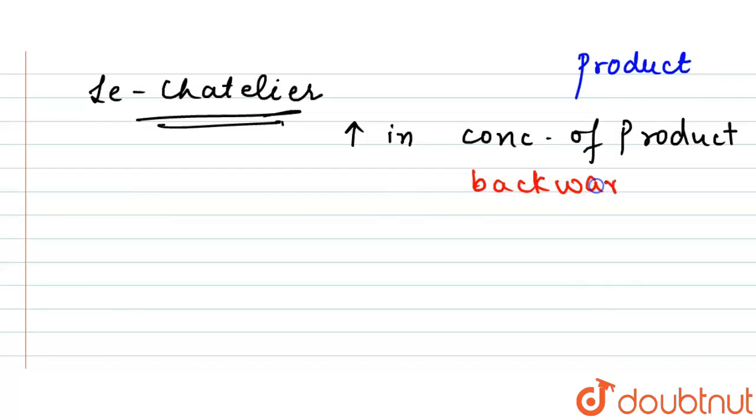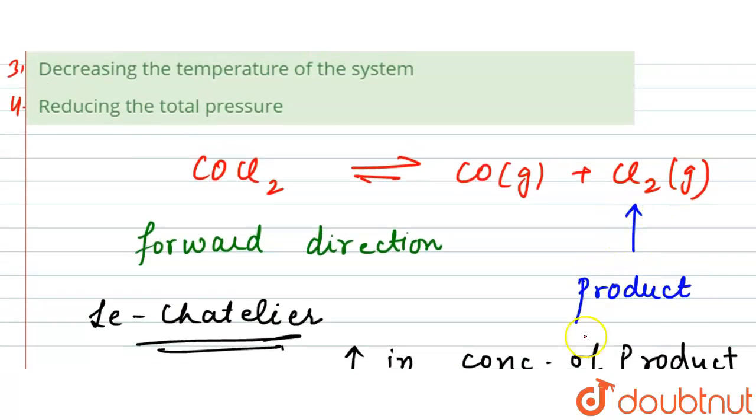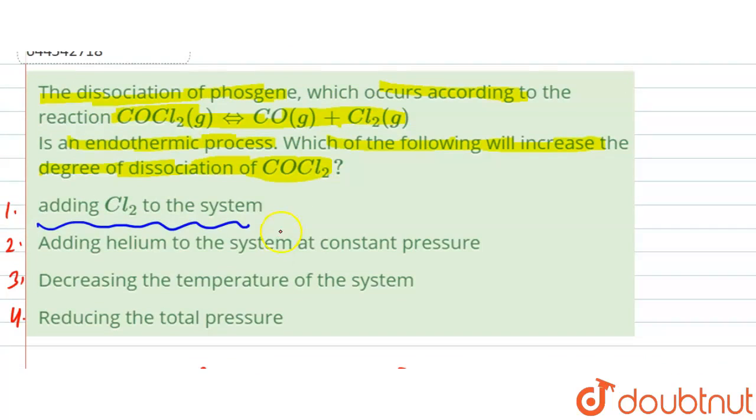But when we increase the reactant concentration, it shifts in the forward direction. Here we are adding Cl2, which is our product, so it will shift the reaction backward. It will not be our answer, because we want to increase the degree of dissociation.